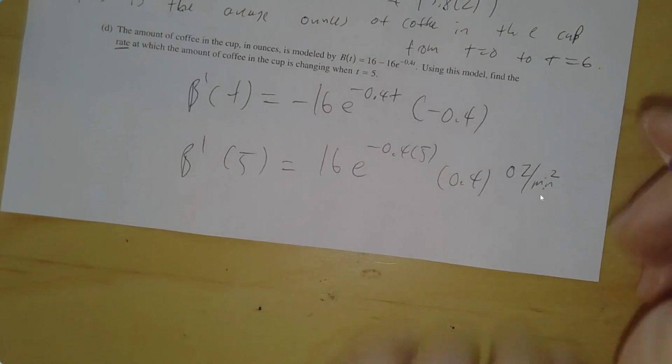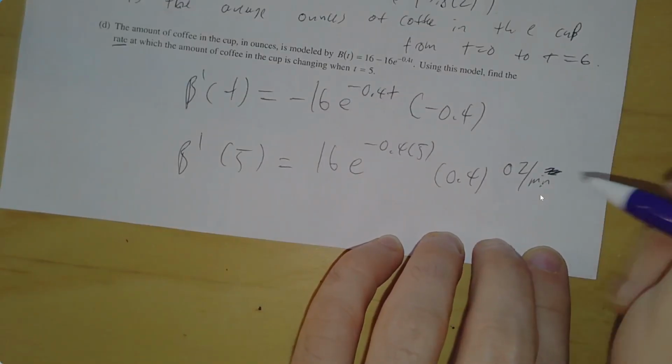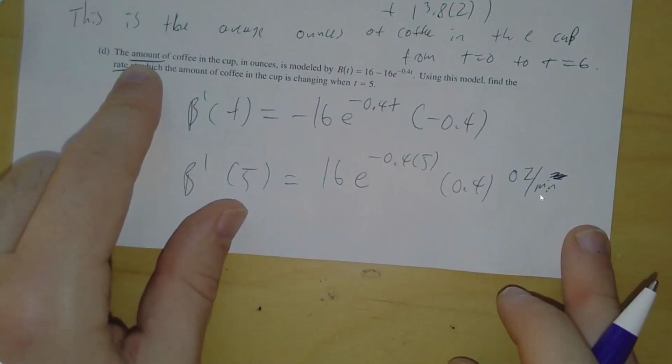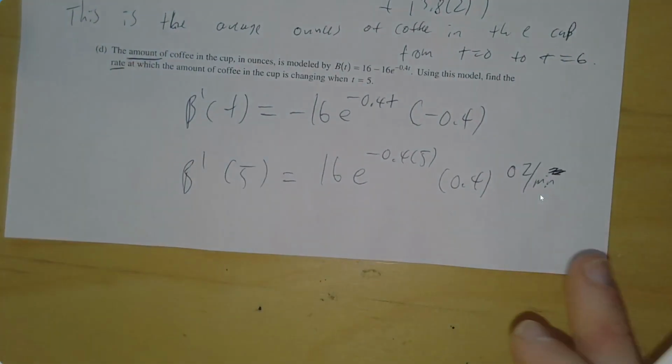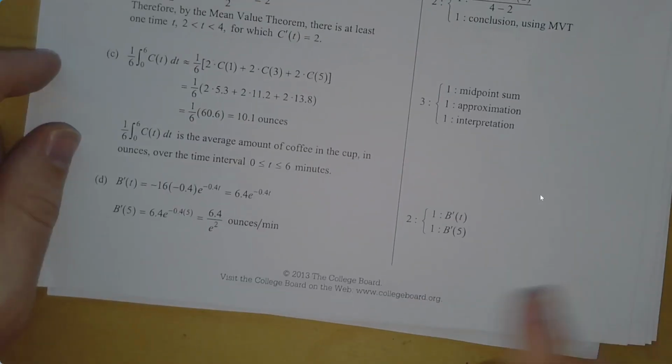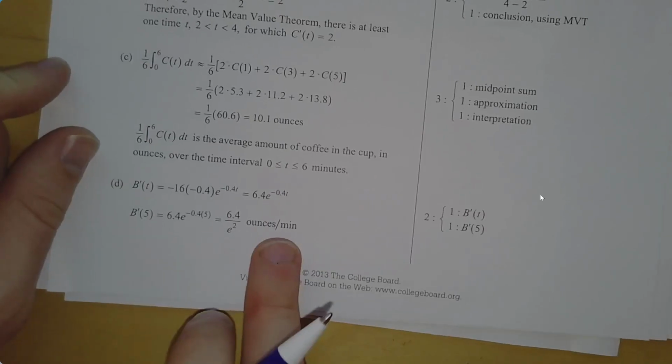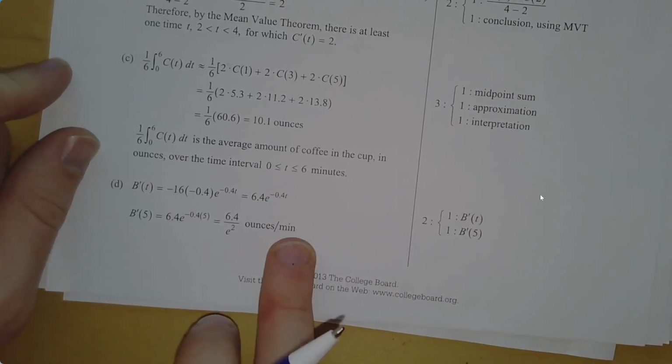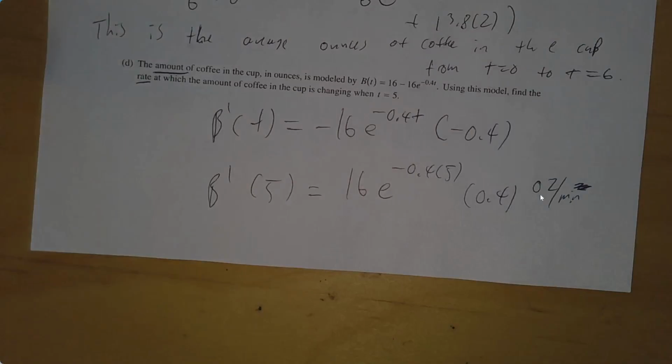Sorry, I made an oopsie here. It would not be minutes squared. It's the amount of coffee, so the derivative of the amount is just ounces per minute. That was my first mistake. I was going to be perfect. Anyway, we got ounces per minute because it gives you quantity, and the derivative of quantity is just divided by time.